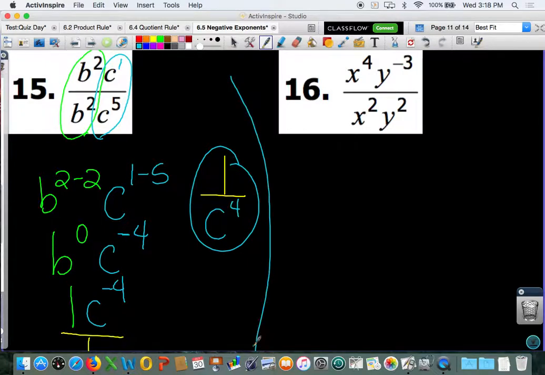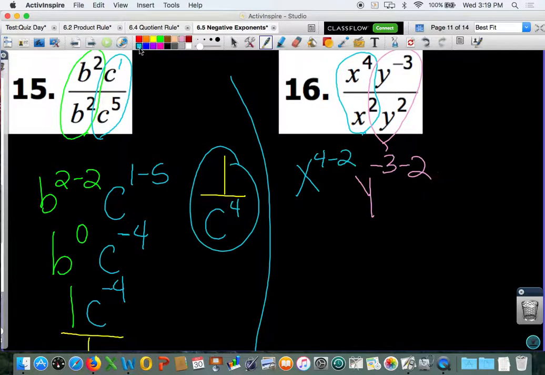Alrighty, so I'm looking at 16. So 16, I'm going to go ahead and do, again, the circle method. I'm going to subtract. Actually, I think I'm going to do the expansion method this time. Nope, I don't want to do the expansion method this time because y is to the negative 3rd power. I want to leave this alone real quick. So I've got 4 minus 2. And I've got y to the negative 3rd minus 2.